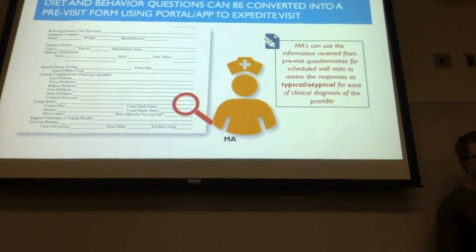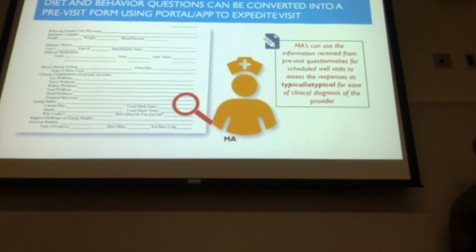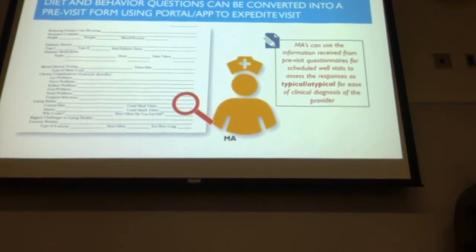For diet and behavioral questions, our recommendation is that they can be converted into a pre-visit form and put on the website. A lot of hospitals have already been doing this. If you look at this particular area on the questionnaire, it says current diet, snacks, food codes, and we had similar redundant questions even as a part of the current EMR.